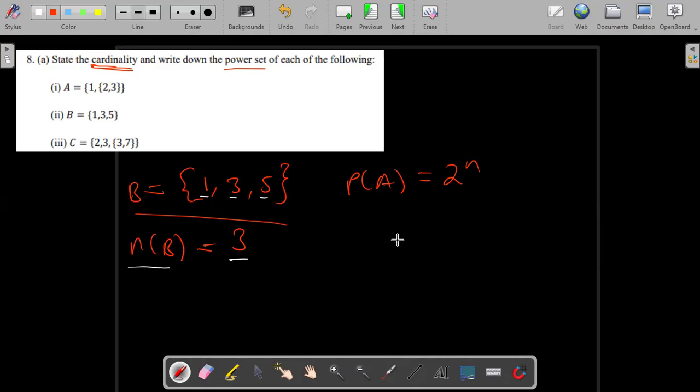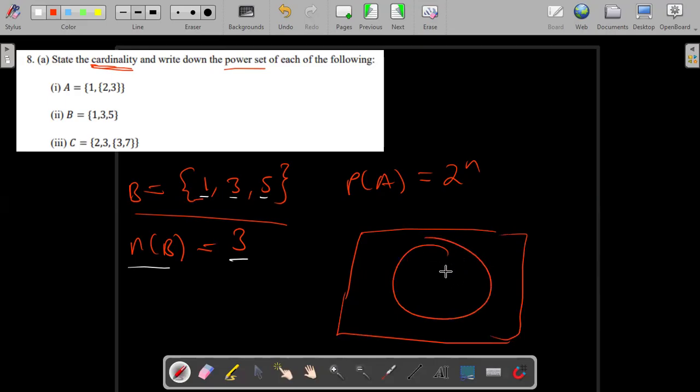A subset is a set contained within another set. So I have a Venn diagram here, let me use the Venn diagram. I have this here, like this, and I have A there, and B there. Then I give a simple example: let's say I have an element here, the 1 contained here, and I have the elements 2 and 3 contained there.